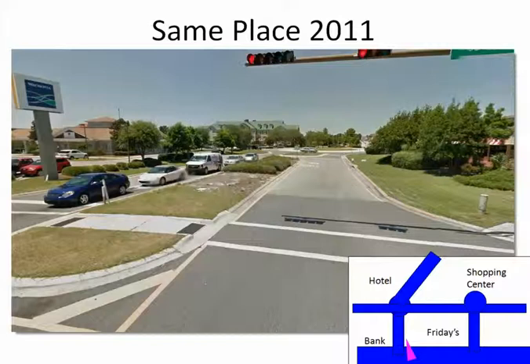This is what it looks like today. Notice the Fridays is still there. I think the original bank was bought out by Wachovia, which I don't even know if Wachovia might be Wells Fargo now.